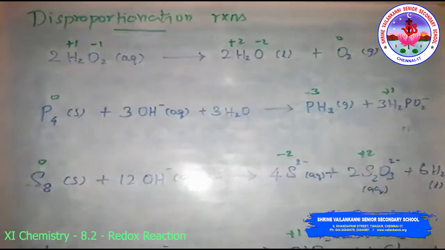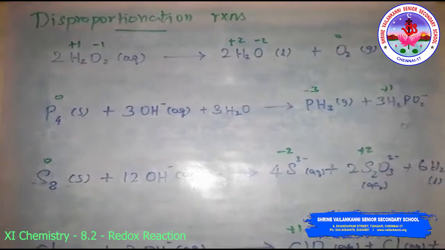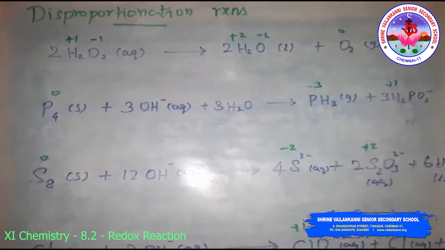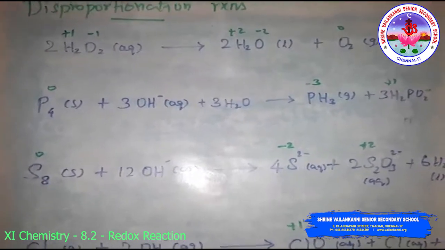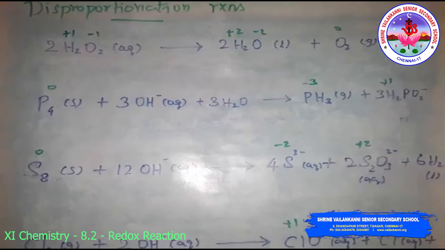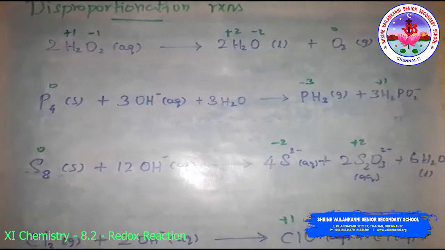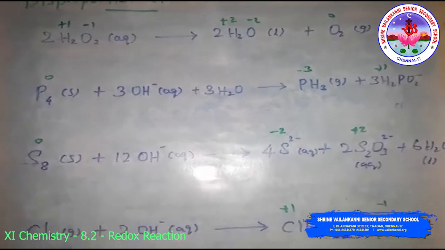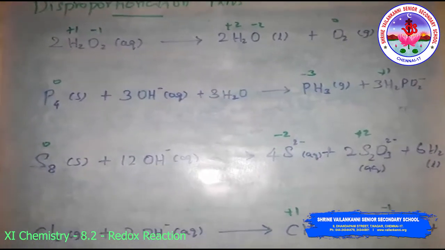Next is the disproportionation reaction. This is a special type of redox reaction. Usually in a disproportionation reaction, an element in one oxidation state simultaneously oxidizes and reduces. That means the same species undergoes oxidation as well as reduction.